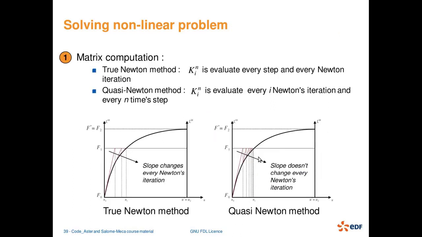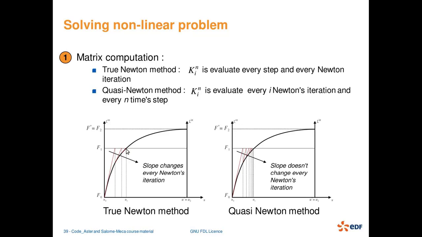All right. Now in the true Newtonian method, we evaluate this tangent matrix at every Newtonian iteration for every time step. So in my first iteration, I come here and recompute the tangent matrix. In the second iteration, I come here and recompute the tangent matrix. In the third iteration, maybe I am reaching the true solution.